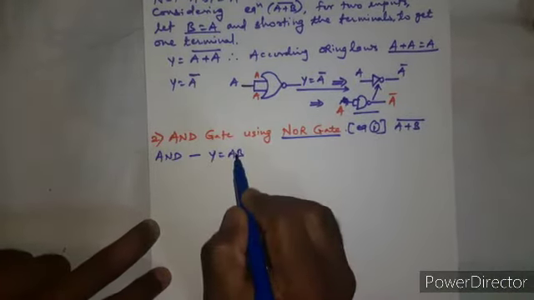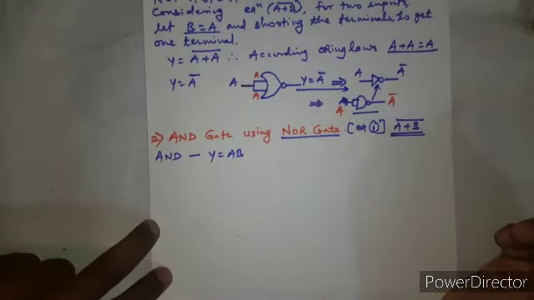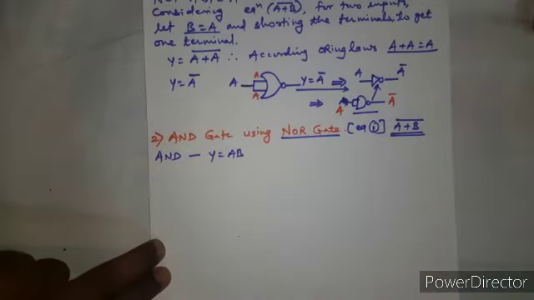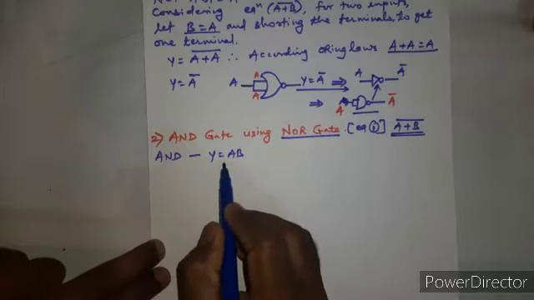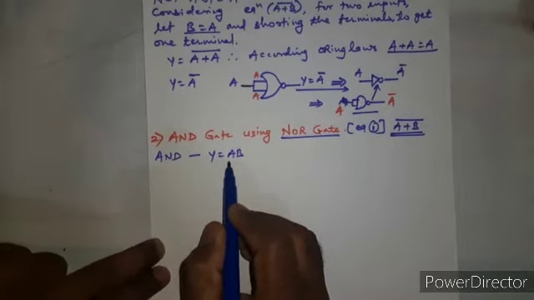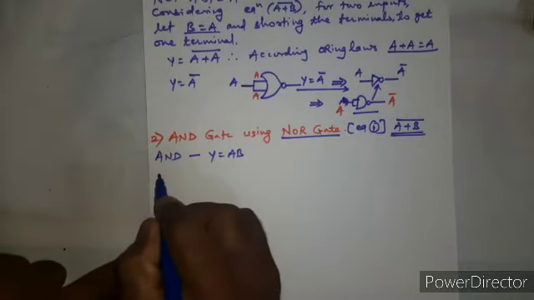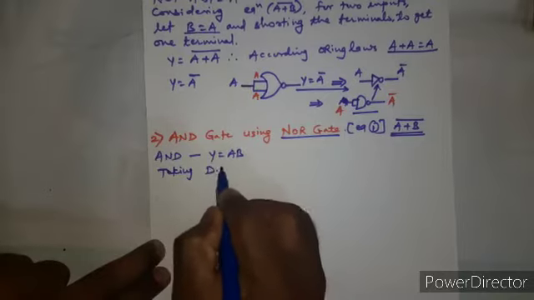Now we are supposed to convert this equation into the NOR form. Just looking at this equation, what can be done here? We have to make changes in such a way that its meaning will not change. So I'll say taking double inversion.